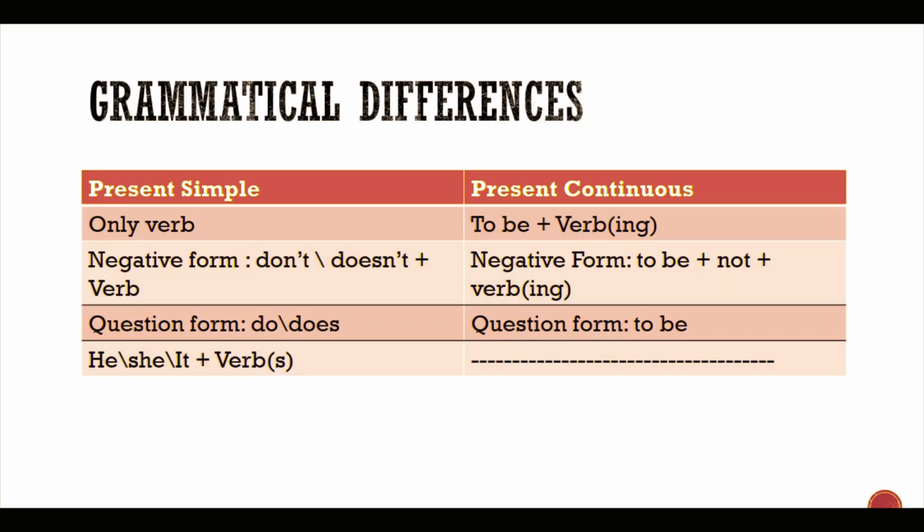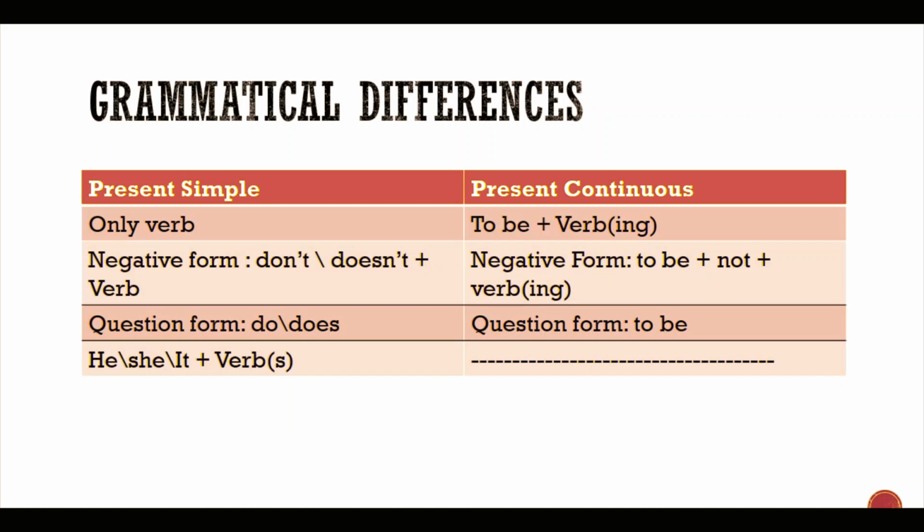Grammatical differences. First, present simple. Present simple, as you can see, is only used with one simple verb. But present continuous is made by using to be plus verb ing structure. In negative form, we use don't or doesn't plus verb structure in present simple, whereas we use to be plus not plus verb ing structure when we want to make a present continuous negative sentence.